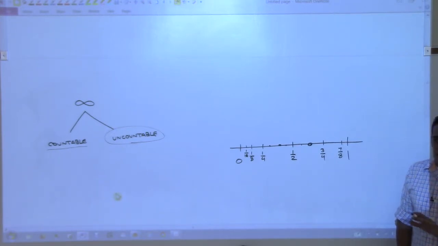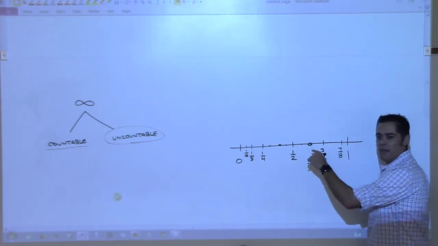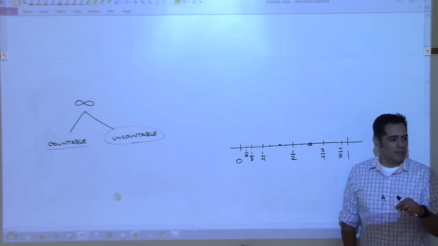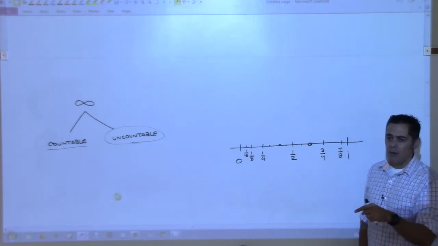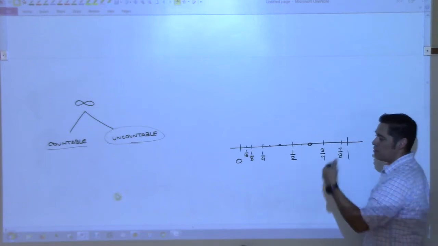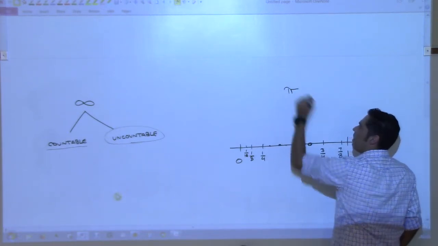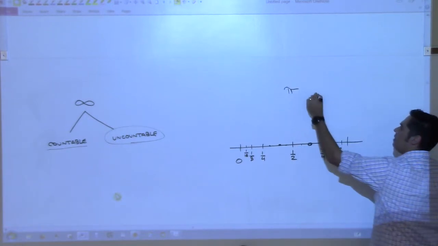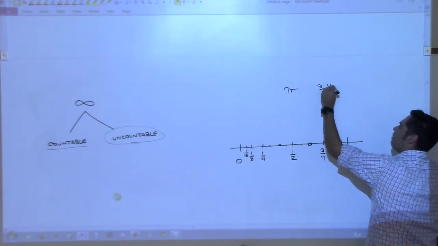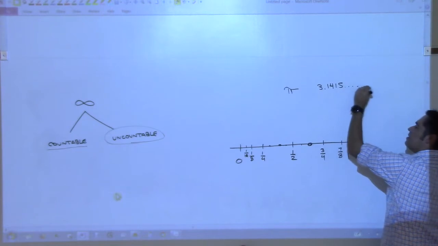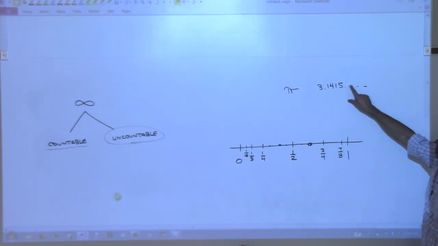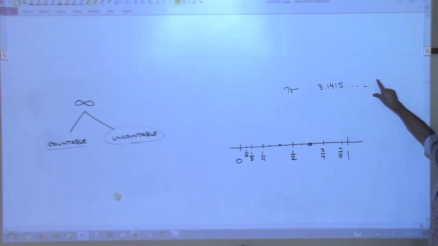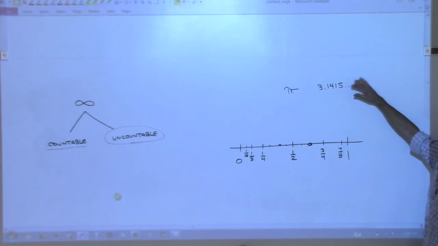That's wrong. It turns out that there are other numbers in here that you cannot write as fractions. An example of a number that you can't write as a fraction that you've heard of before is the number pi. The number pi is what we call irrational, meaning that when you write it out, 3.1415, this thing continues. This decimal goes on forever, never stops, and never has a pattern.